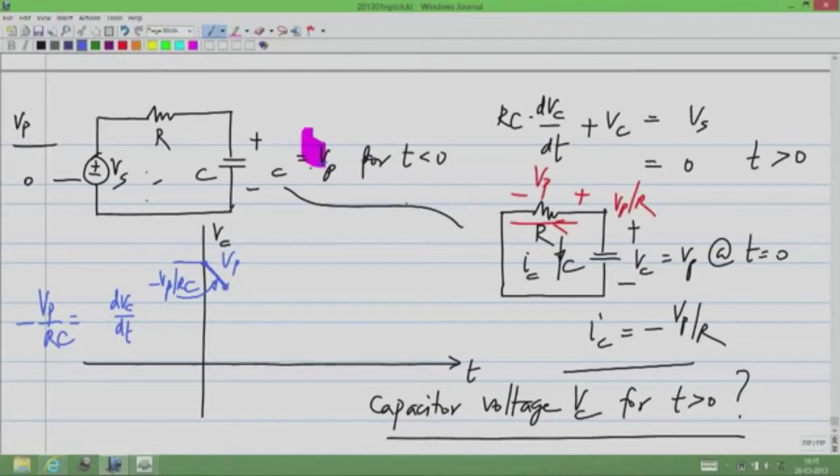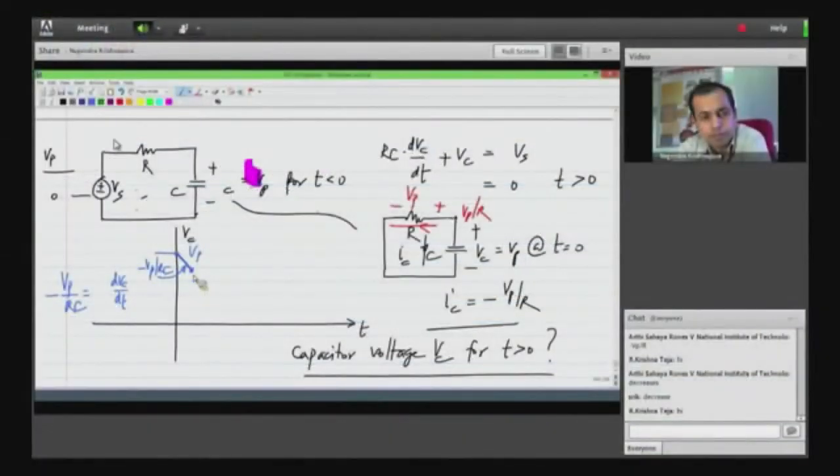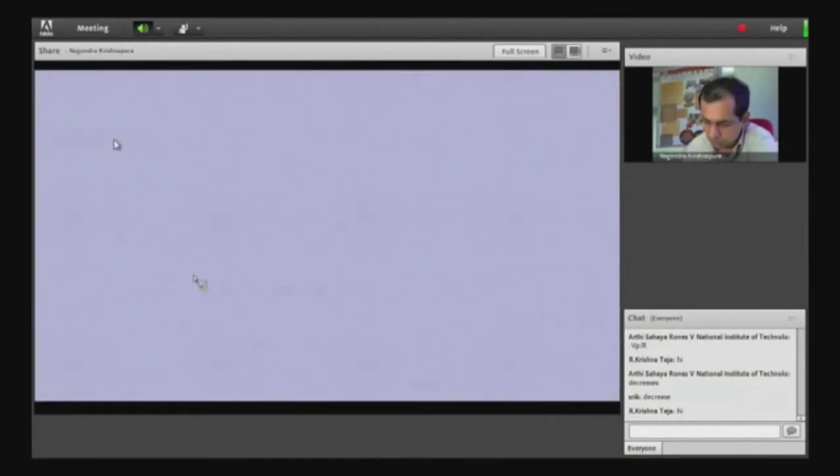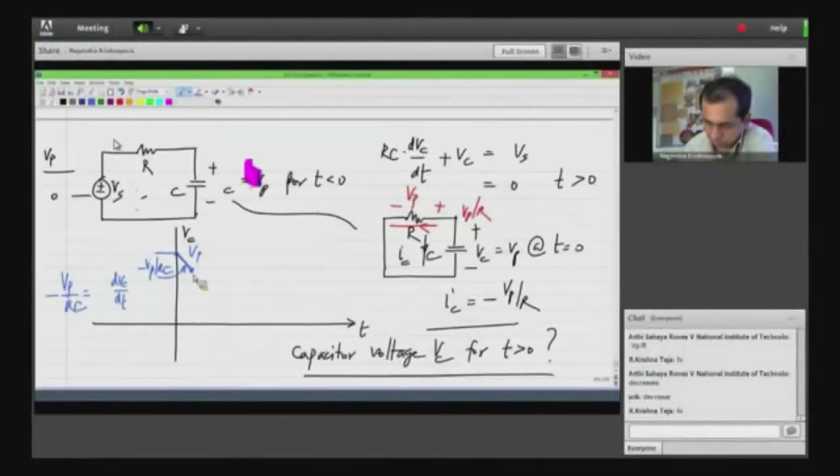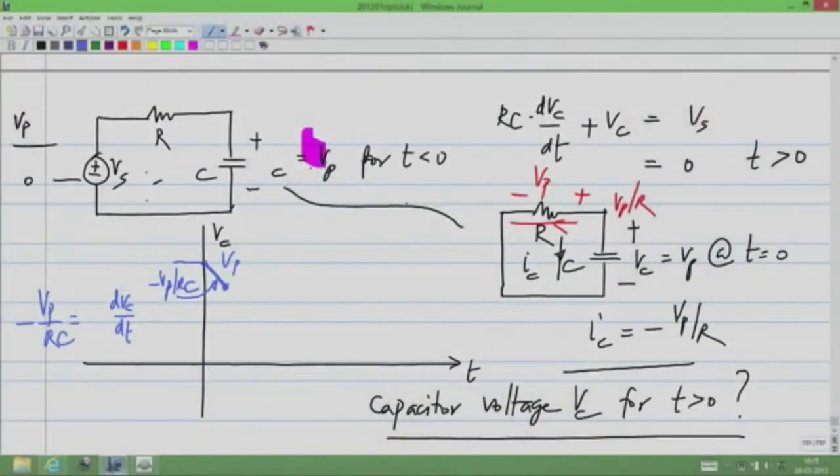Now let's say we come to this point. What happens to the slope after that? What happens to the current through the capacitor, and what happens to the slope of the voltage across the capacitor? The voltage across the capacitor is decreasing, but after it decreases a little bit, what happens to the slope of the voltage?